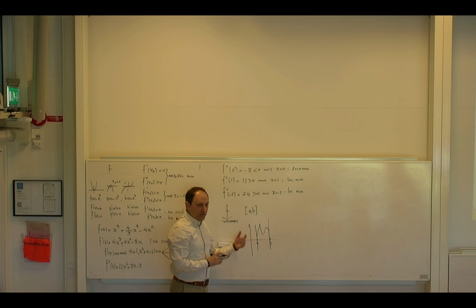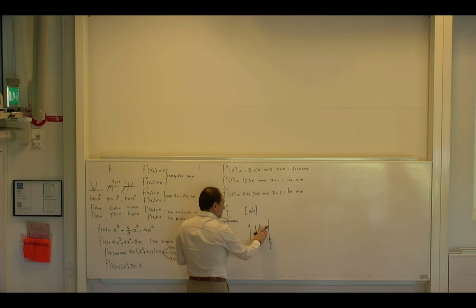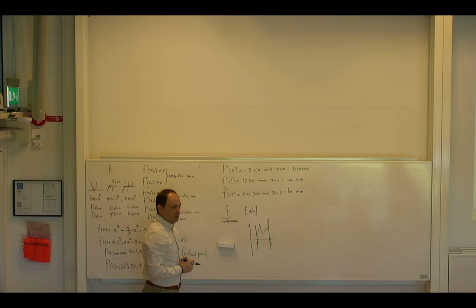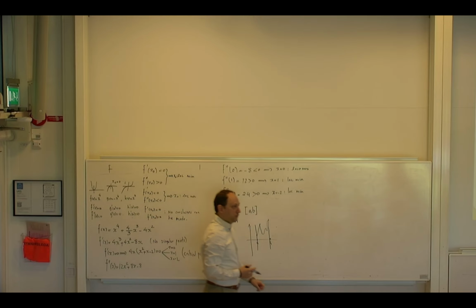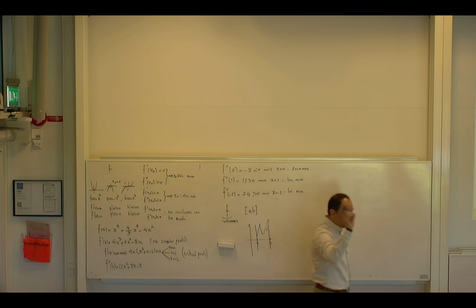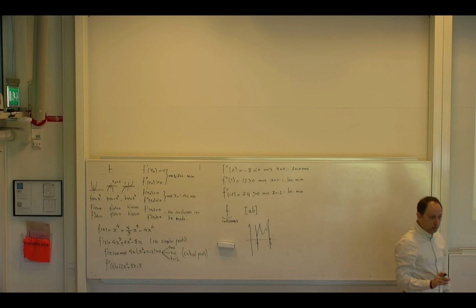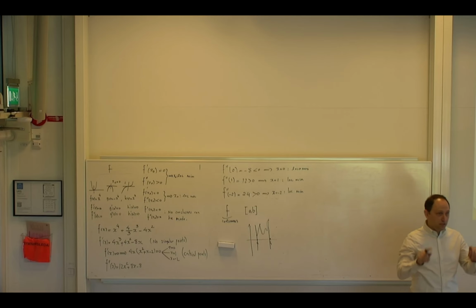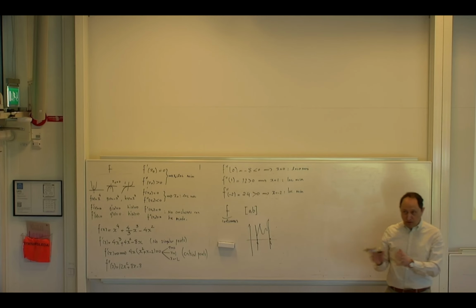What is the next candidate? For example, I can draw this picture like this. I can come here and then I can go higher. The edge point. The edge points. So this means that if your goal is to find the absolute maximum and absolute minimum of a continuous function on a closed interval, where do you look for?